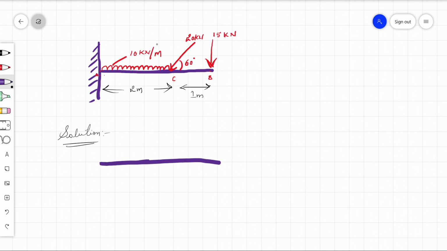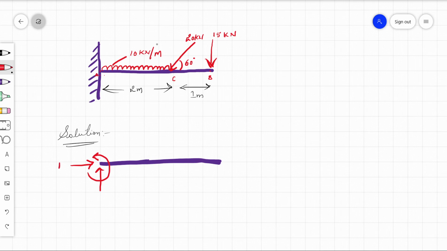There will be the same beam. Consider it as a straight beam, and what we need to write first are the reactions to that beam wherever there is a support. One is horizontal, one is vertical, and one more is the anticlockwise moment.